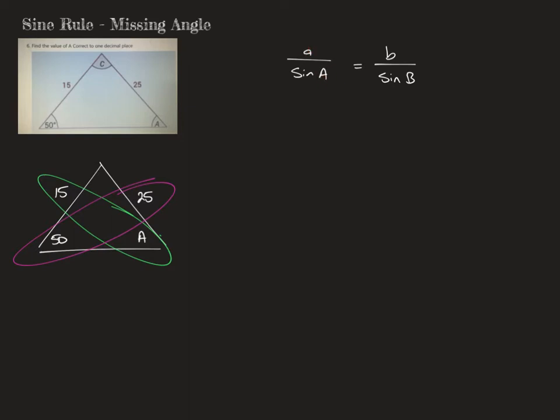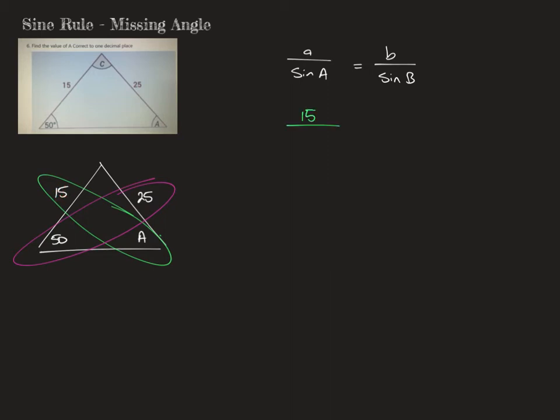Now, like I said in the last question, I always try and keep my unknowns on the left-hand side. So if I look at this, I'm trying to find the value for A. So I'm going to put my green terms in my first fraction. To do that, we need to put in what a is first, and lowercase a represents the side. So the side in this case for the greens is going to be 15.